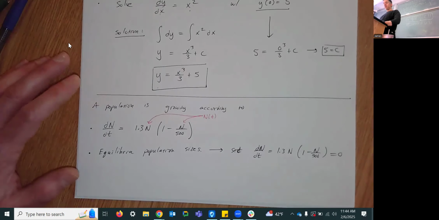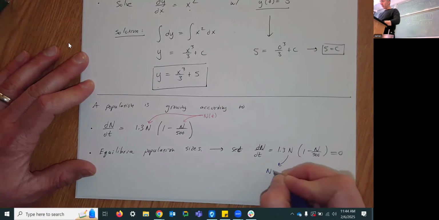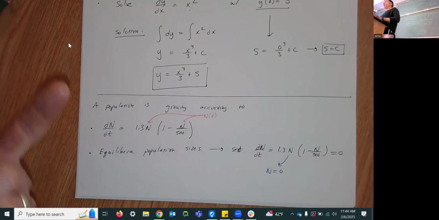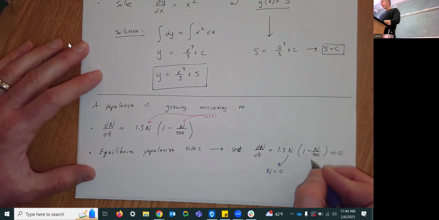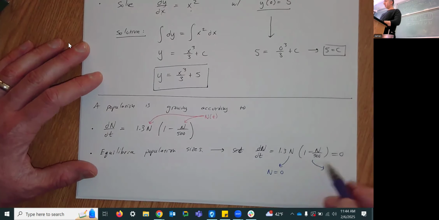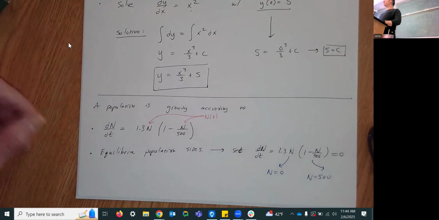And in this case, it's relatively easy to see that you're going to get either N equal to 0, which makes sense. If your population is 0, it's kind of hard to grow more, because you don't have any population to make more population. Or if your population is 500, then 500 over 500 is 1, and 1 minus 1 is 0. This is an example of what's called carrying capacity.